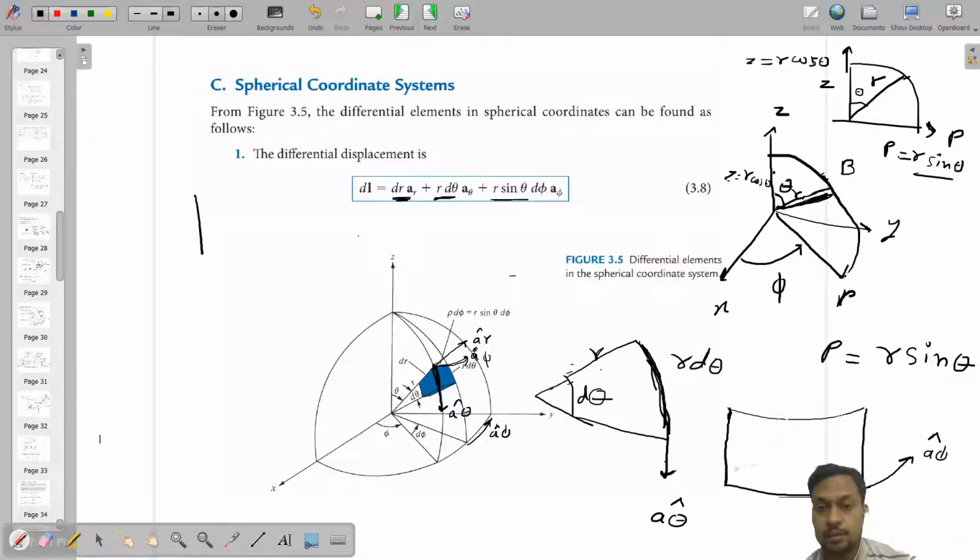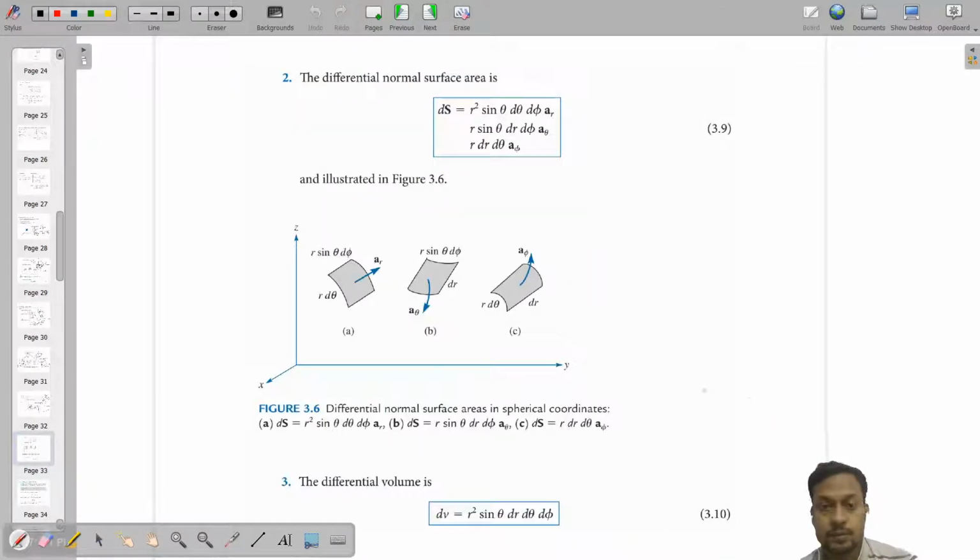But this angle is varying along this direction. See this front surface. This is for a_r. This is r d theta, and this vector is varying along this surface.